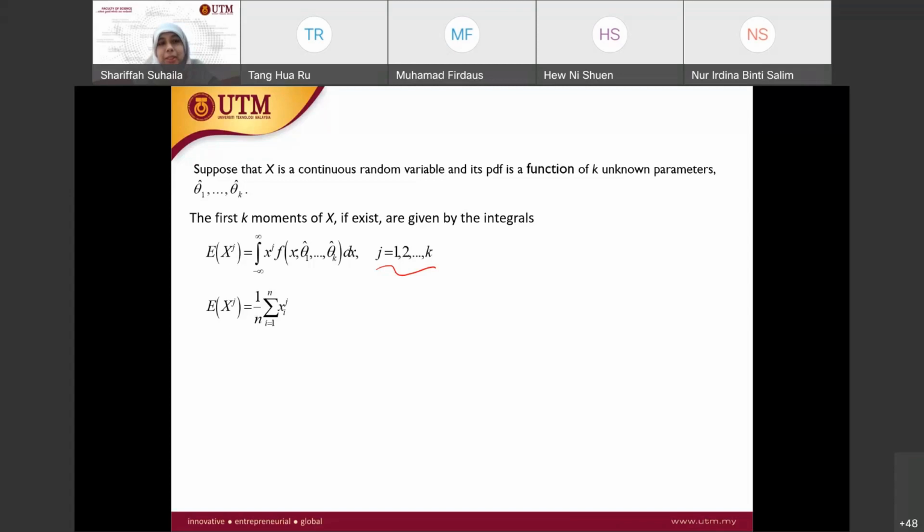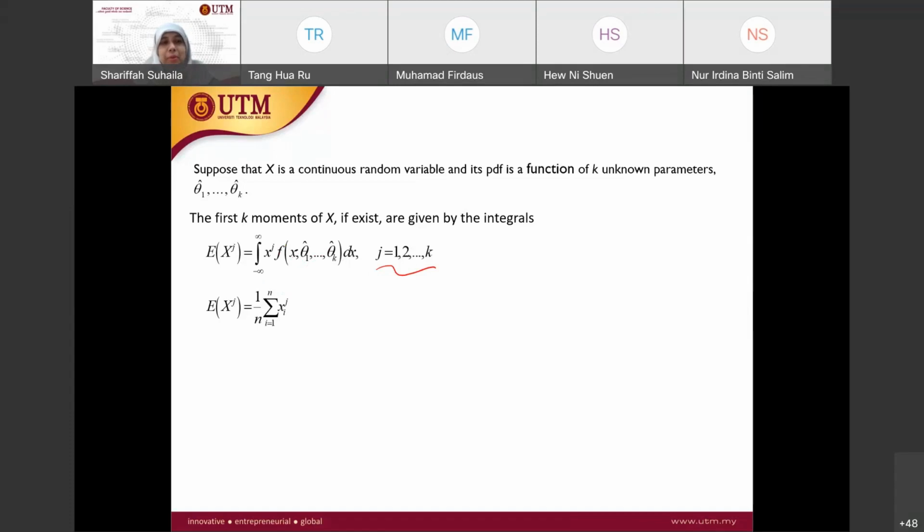So you have your integration. Since this one is continuous, that means we integrate x to the power j times f of x. It depends on what kind of parameter you have. If you have one parameter, f of x, theta. Say we have several unknown parameters, so you have theta 1, theta 2 and so on. We want to estimate the parameters theta.